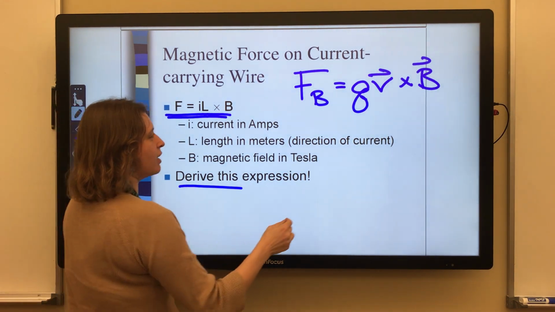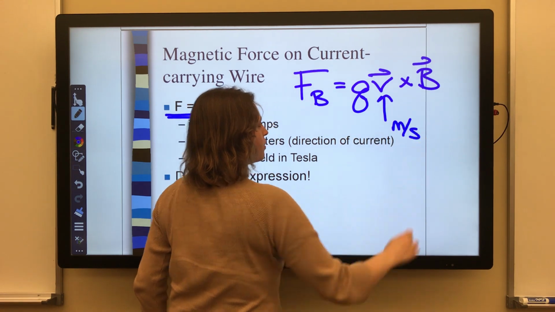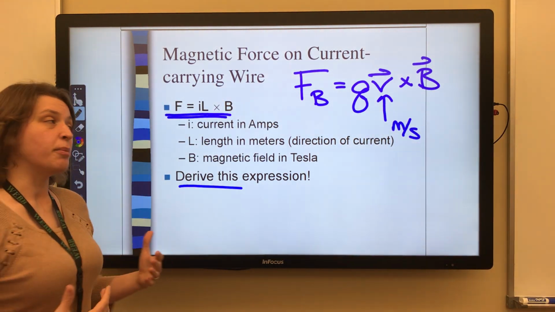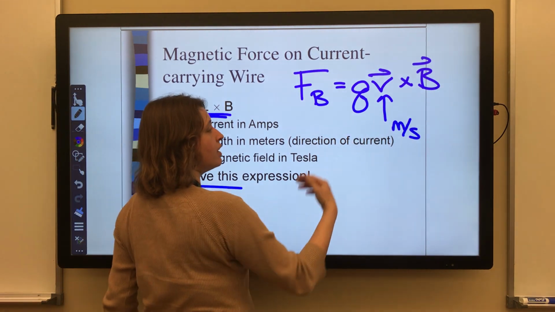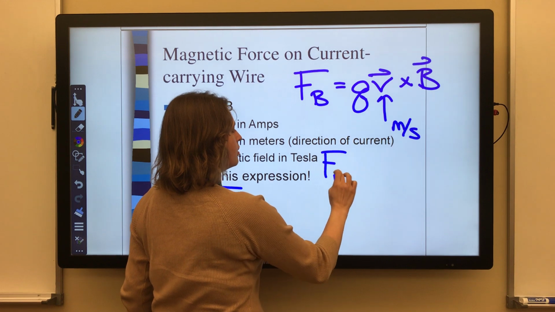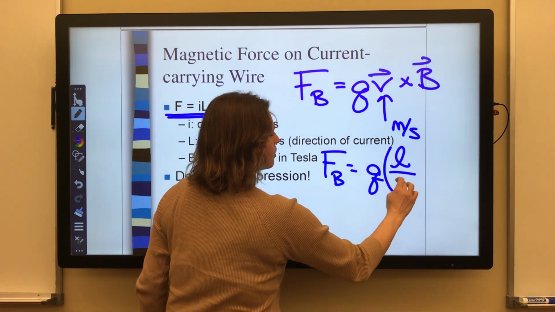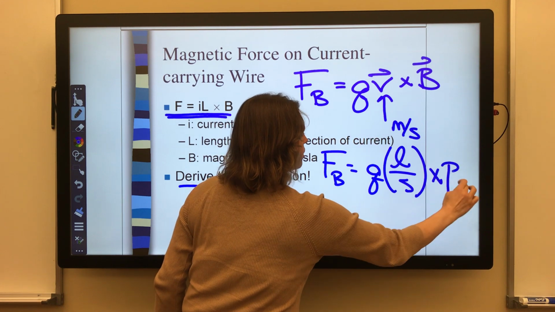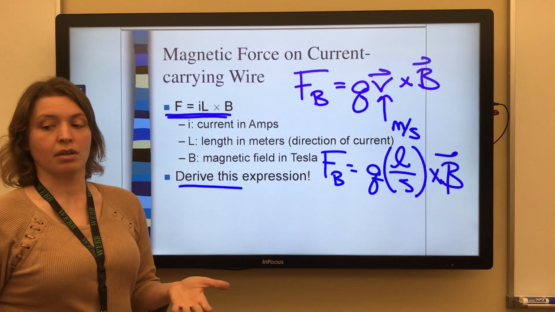One thing you might notice is velocity is basically just meters per second. So you could think about it as the length that some charged particle will travel in a certain amount of time. So this becomes Q L over S cross B, where L is the length that the charged particle travels through some time.